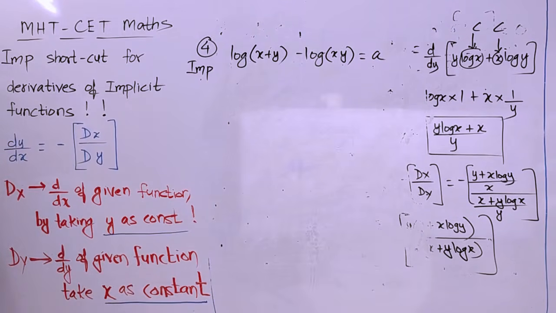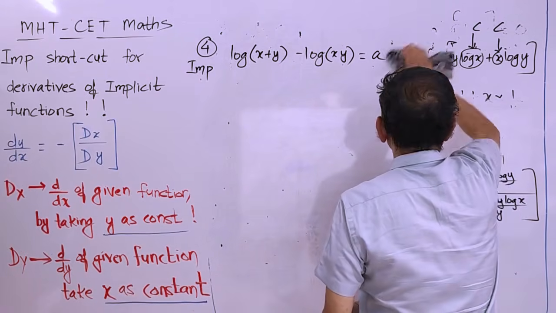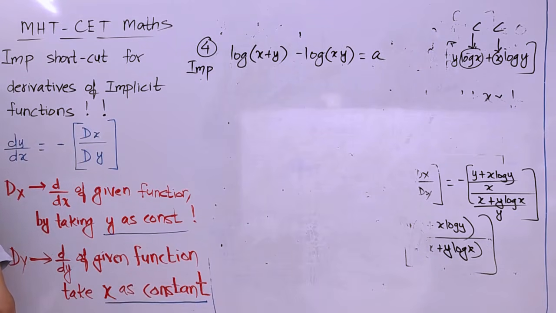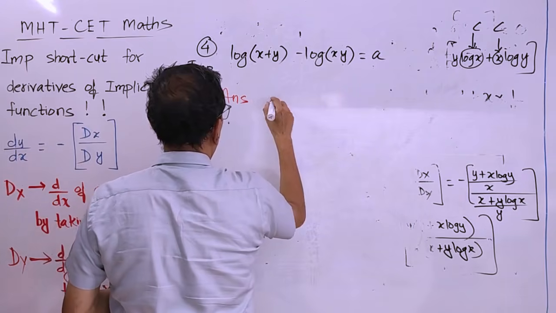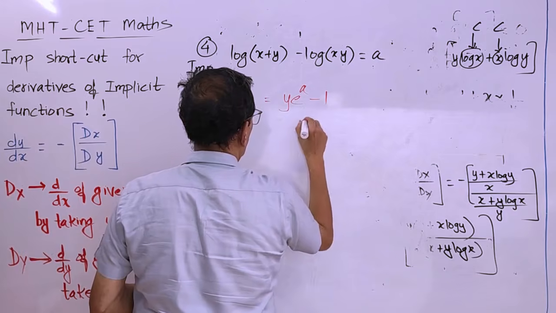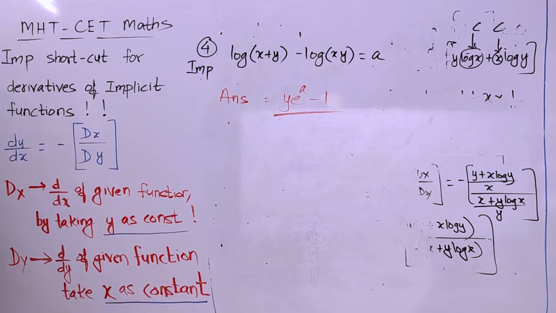We will also see the answer given. The correct option given, so that we will get the reasoning. All the options were given in terms of e raised to a, y e raised to a minus 1.